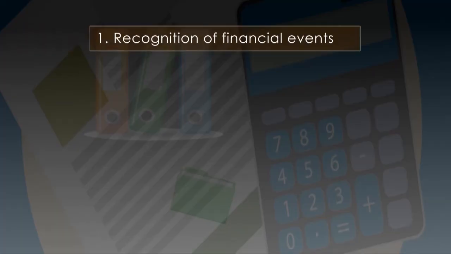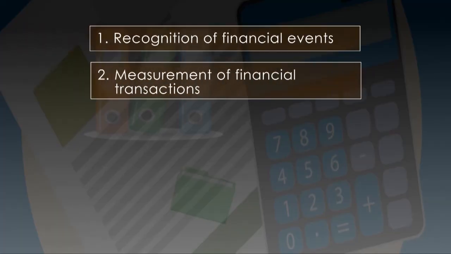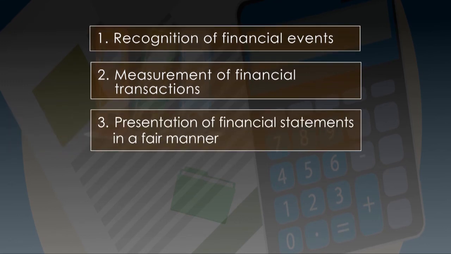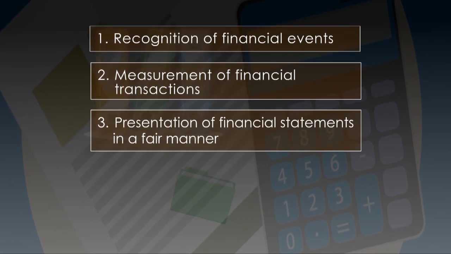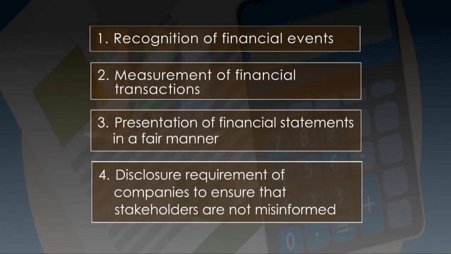Accounting standards mainly deal with four major issues of accounting, namely recognition of financial events, measurement of financial transactions, presentation of financial statements in a fair manner, and disclosure requirement of companies to ensure that stakeholders are not misinformed.